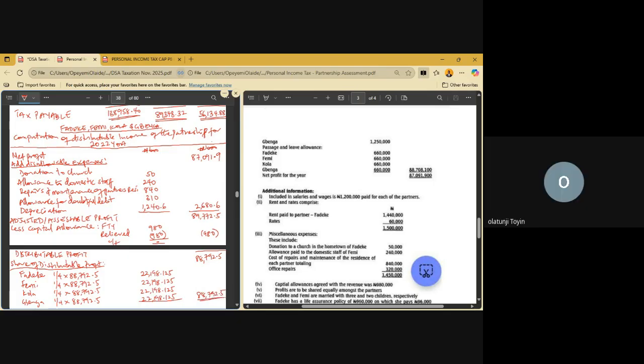And that's that. What else do we have? Tax exempt. So the next thing will now be to compute the taxable profit. Abi? Yes.